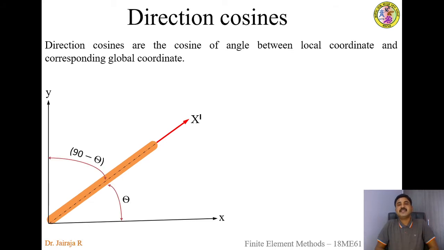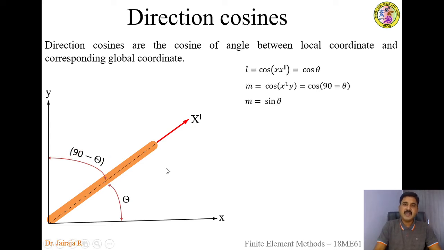Next, direction cosines. What are direction cosines? Direction cosines are the cosines of the angle between the local coordinate and the corresponding global coordinate. So this is the truss element inclined at angle theta from x, and this truss element from the y axis is 90 minus theta.